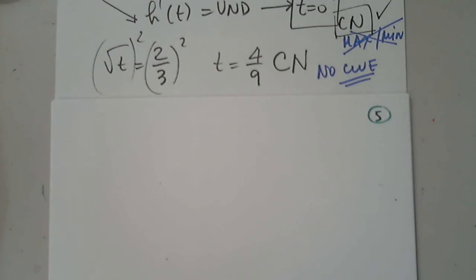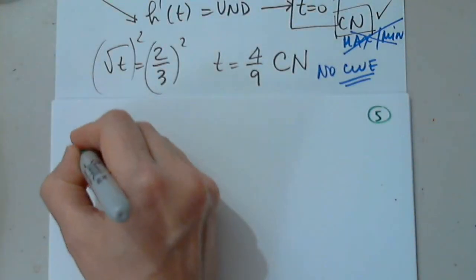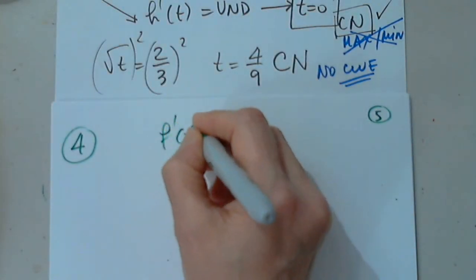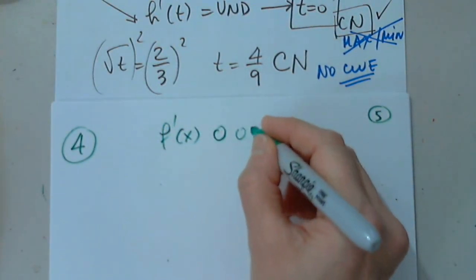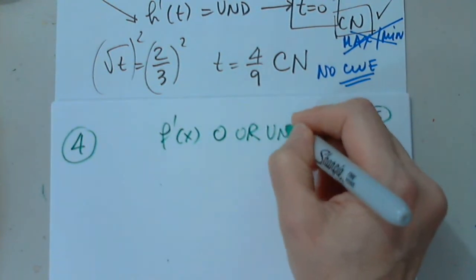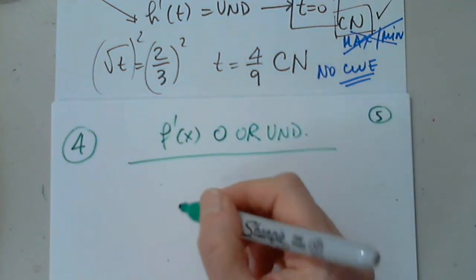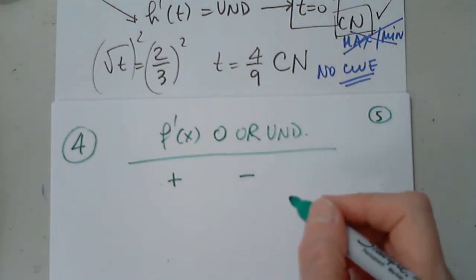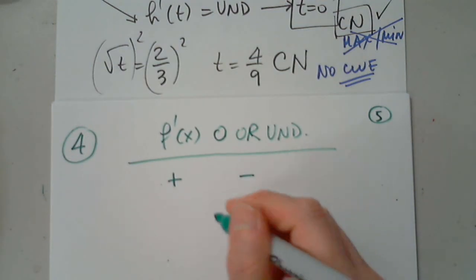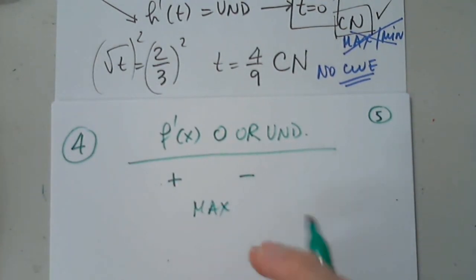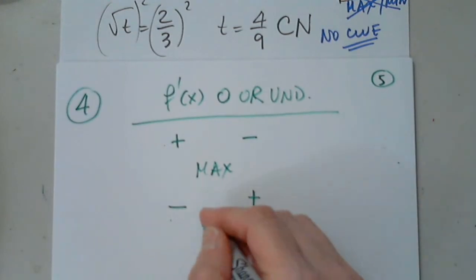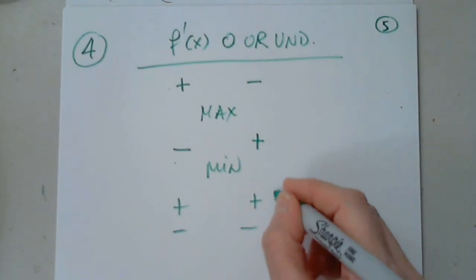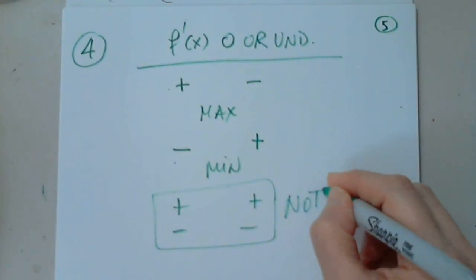So I'm going to say note 4. Critical number: derivative 0 or undefined. Positive, negative, that is a max. Negative, positive is a min. Positive, positive or negative, negative, nothing.